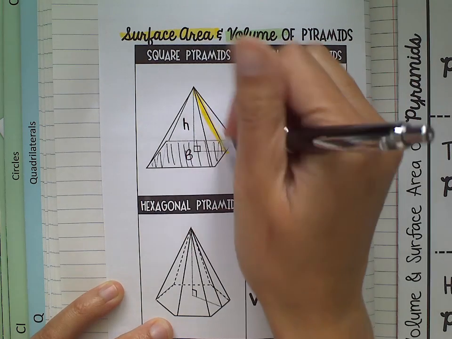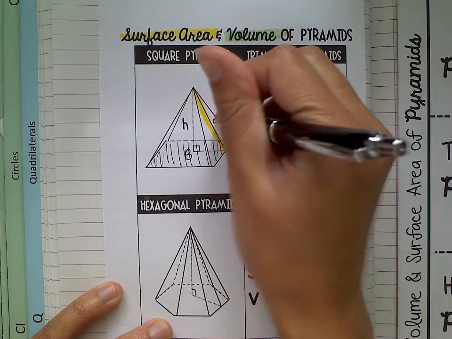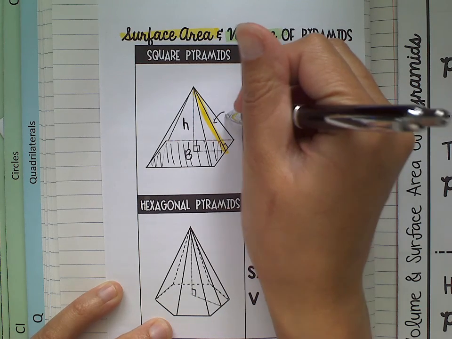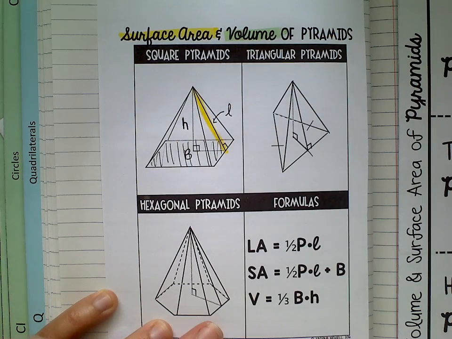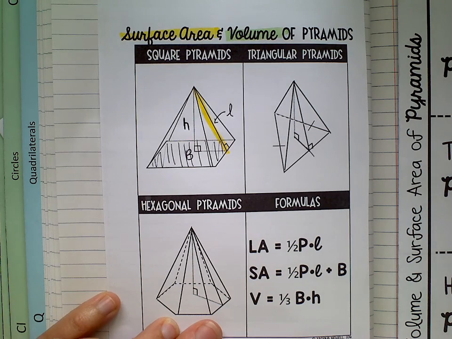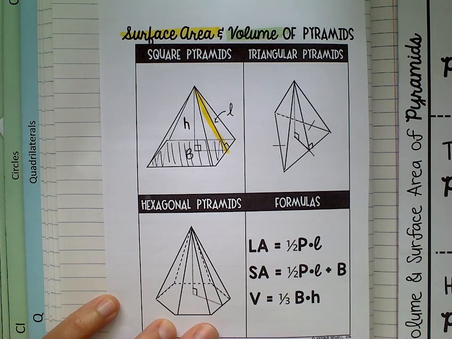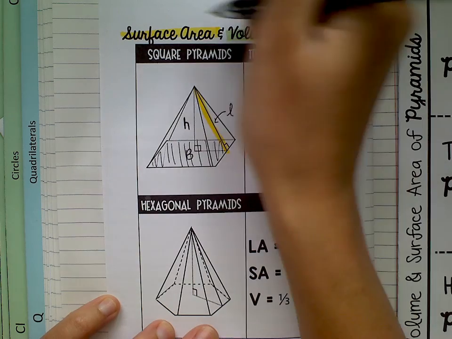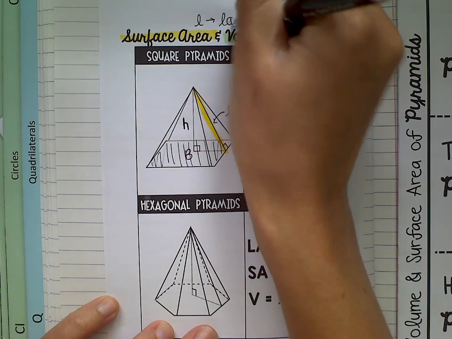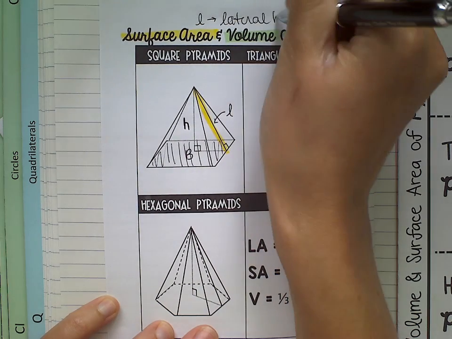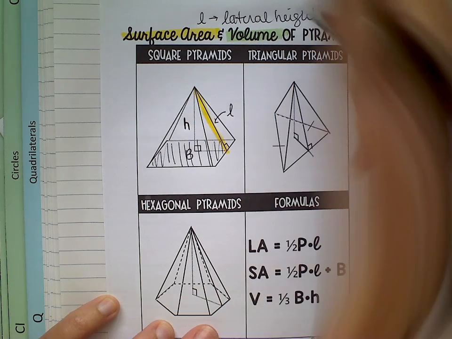That height right there has a slightly different name. It's called a lateral height, which we usually denote with a cursive L, so that it doesn't look like a 1. So fancy cursive L for lateral height, because it is the height of your lateral faces.